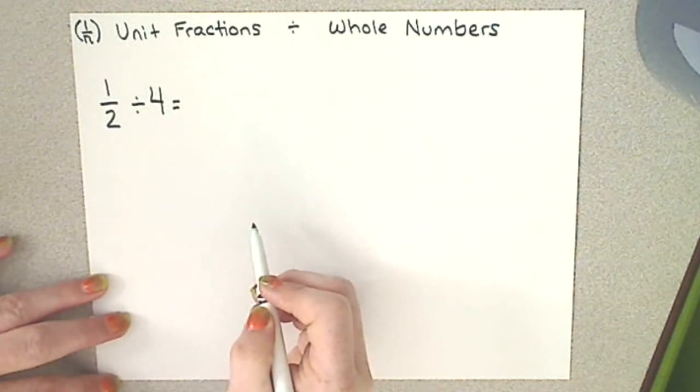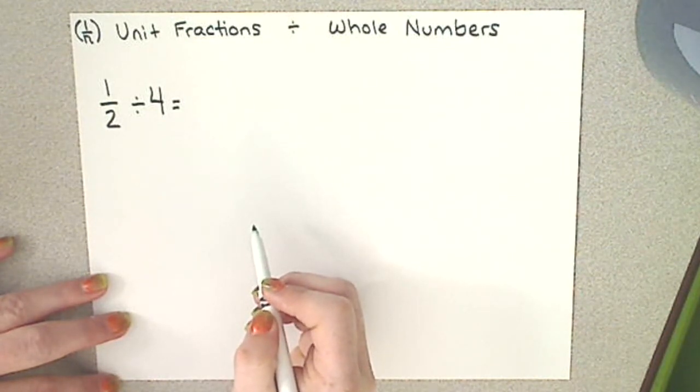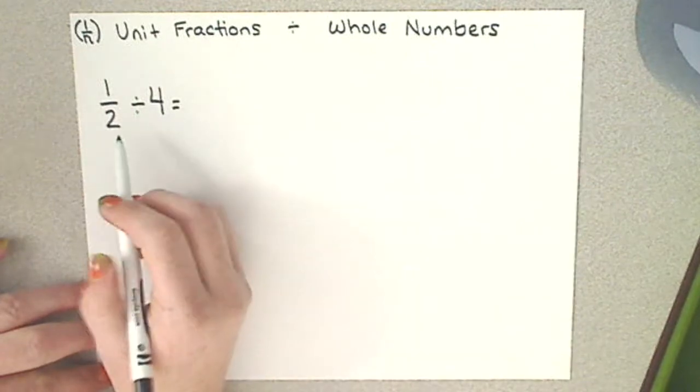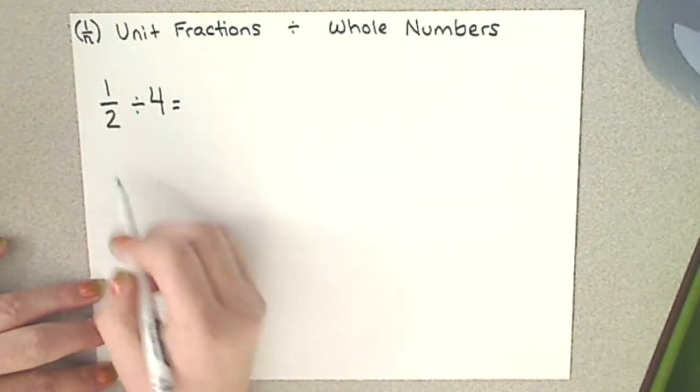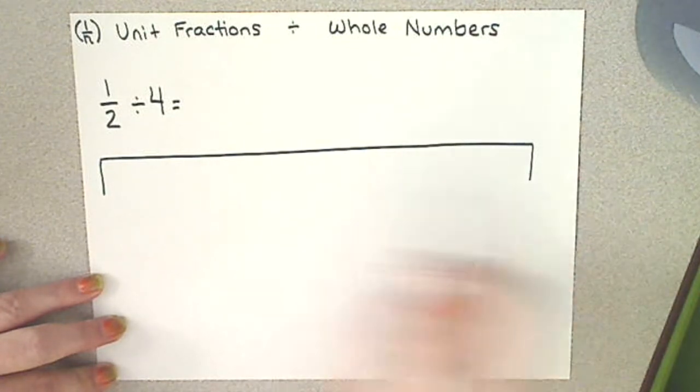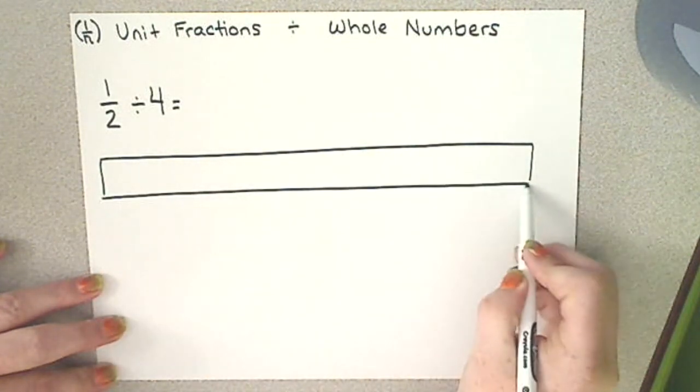Now I'm going to draw my models a little more on the large side in order for you to be able to see this a little better. So I'm going to draw a bar that's a little bit bigger than normal.